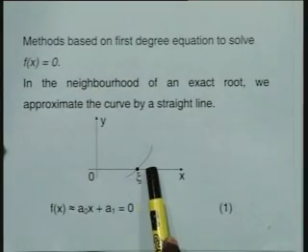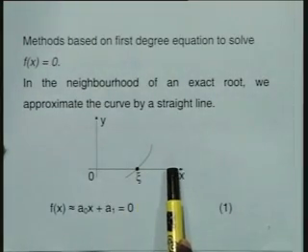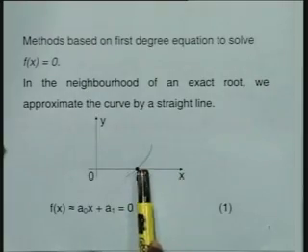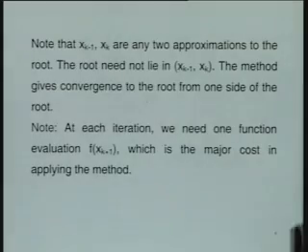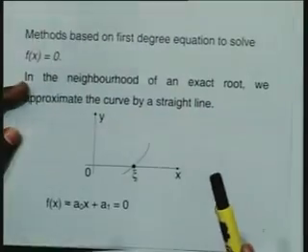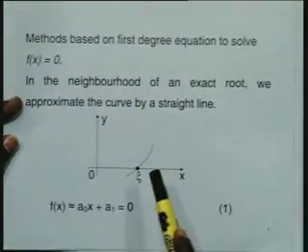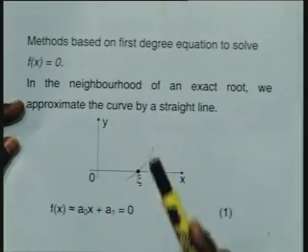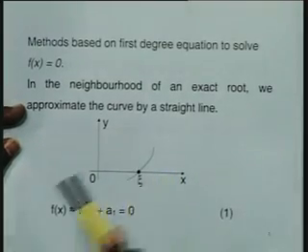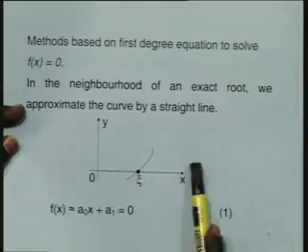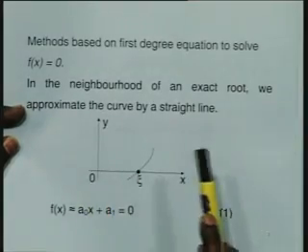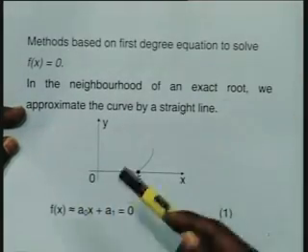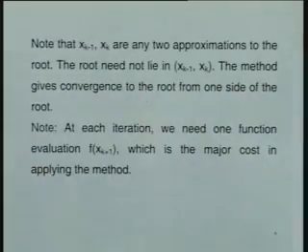If I take any two approximations on one side, they will converge to the root from this side or from the other side. If by chance the root lies between xk minus 1 and xk, because you may not know it, it would take one or two iterations to go to one side of the root, either right or left, and then start converging. So we may lose one or two iterations before the actual procedure starts.